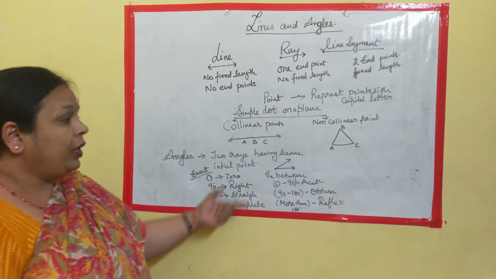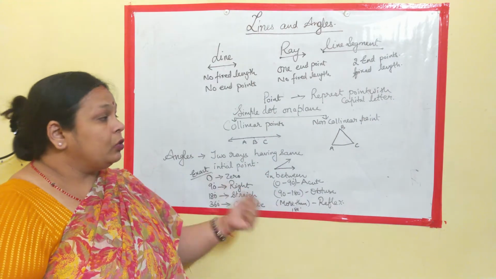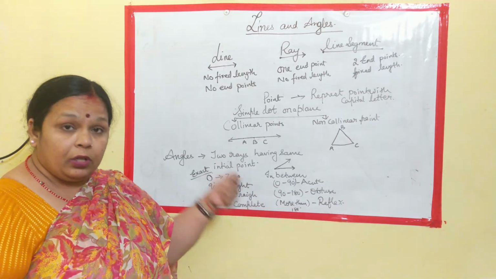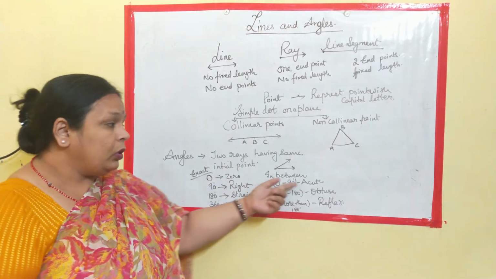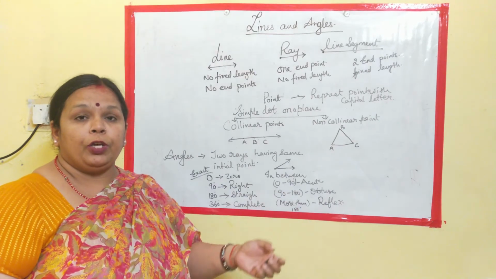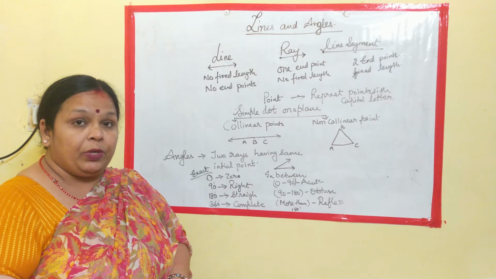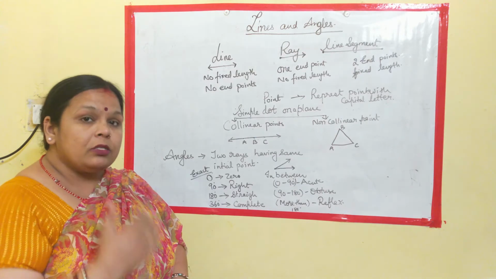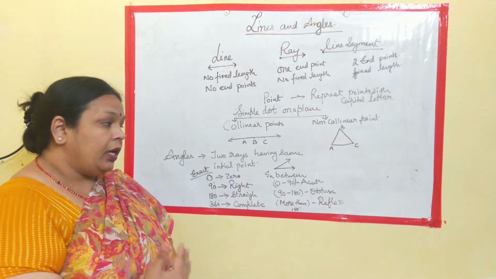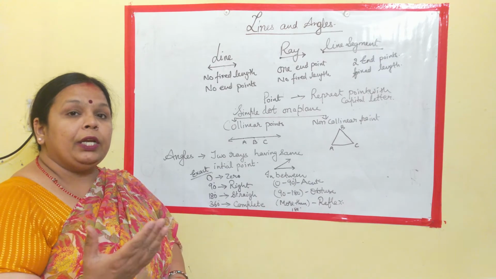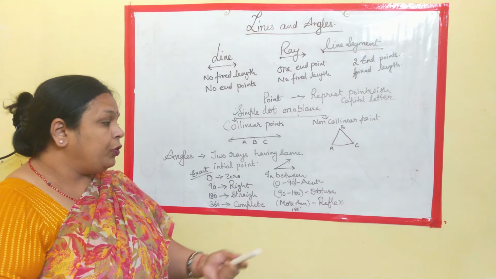Clear? We have already learned about these. So we just took a recap of what we have done so far. You know the definition of an acute angle: an angle whose measure is between 0 and 90 is called an acute angle. An angle whose measure is more than 90 and less than 180 is obtuse.